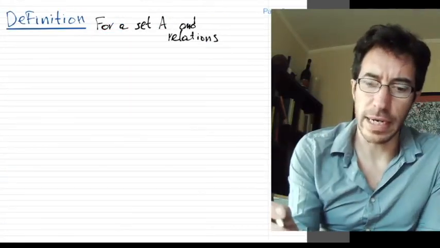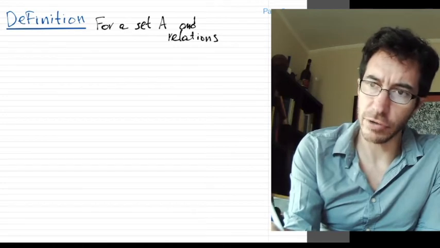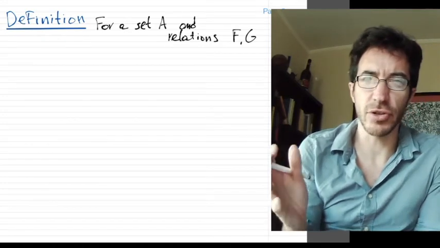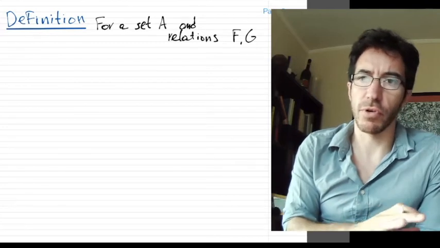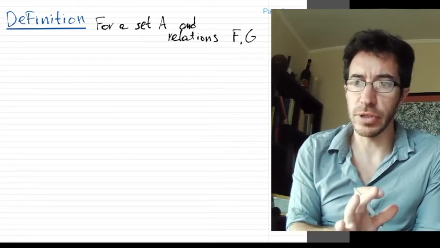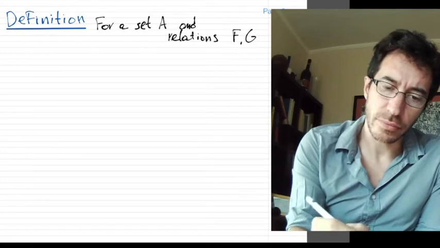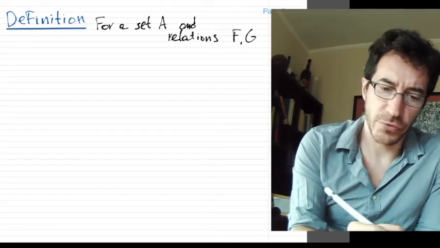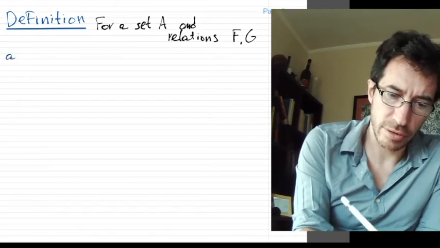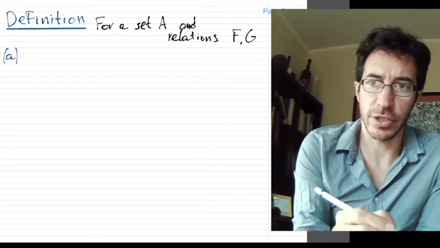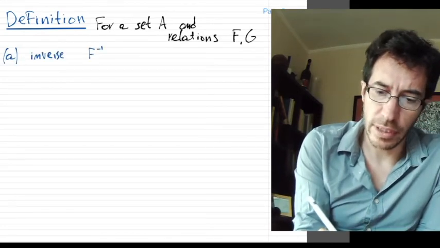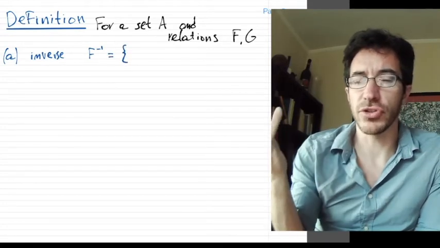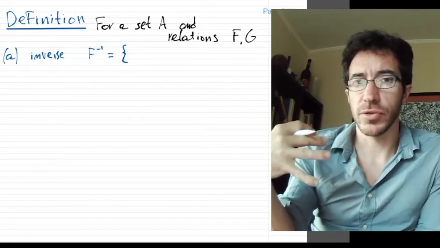Okay, so let's do a new definition. Given a set A and relations f and g, which we're going to think of as functions, but this definition is going to work for relations in general. So let's assume only that we have relations. First, the inverse of a relation, f to the minus 1, is defined to be what? Now we want to take the range back to the domain.